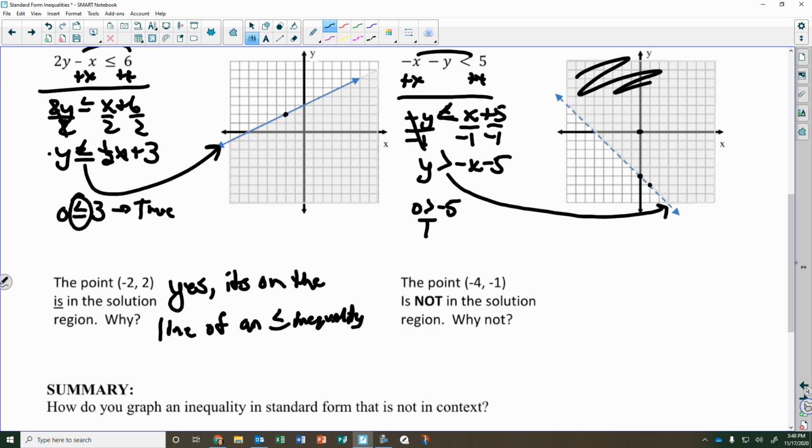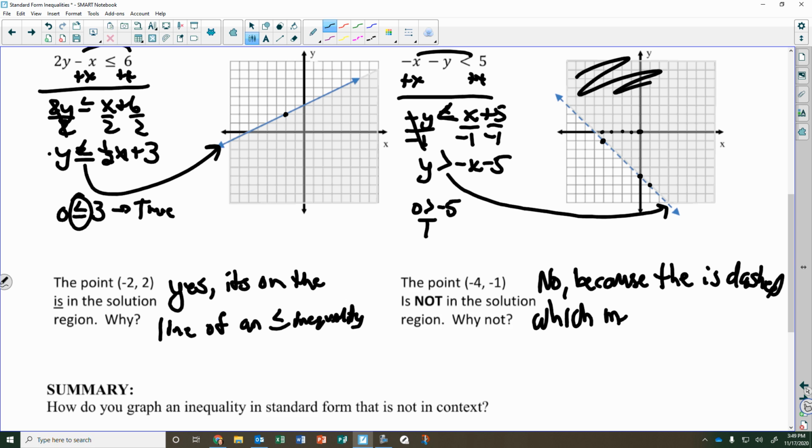All right. So is the point negative 4, negative 1 a solution to the region? Well, if I go to negative 4, then down 1, that's actually on the line. This would be no, because the line is dashed, which means it's not equal to.